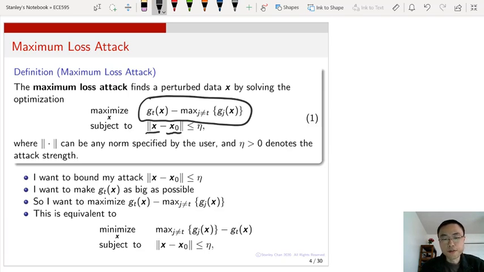How about the objective function? The objective function consists of a difference between two terms. The first term is the discriminant function evaluated at the target class. And then the thing that we are going to subtract will be anything that is not the target.